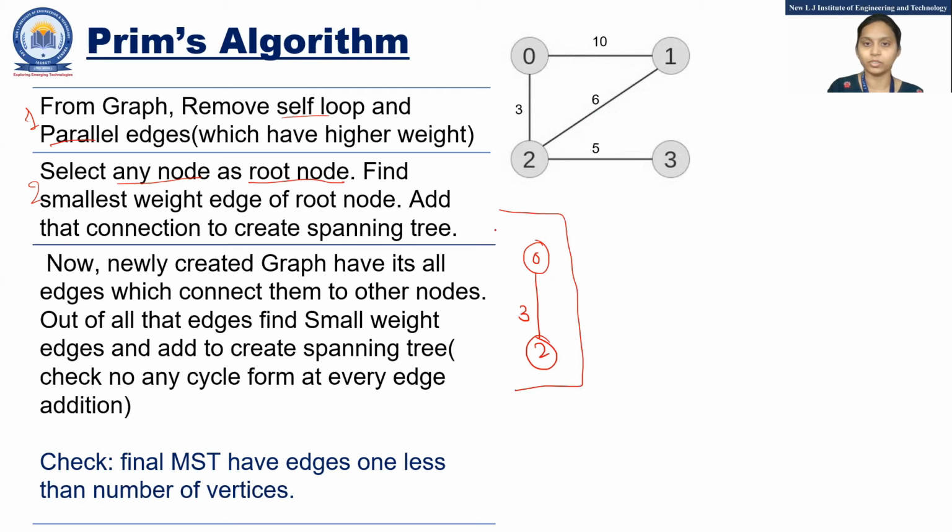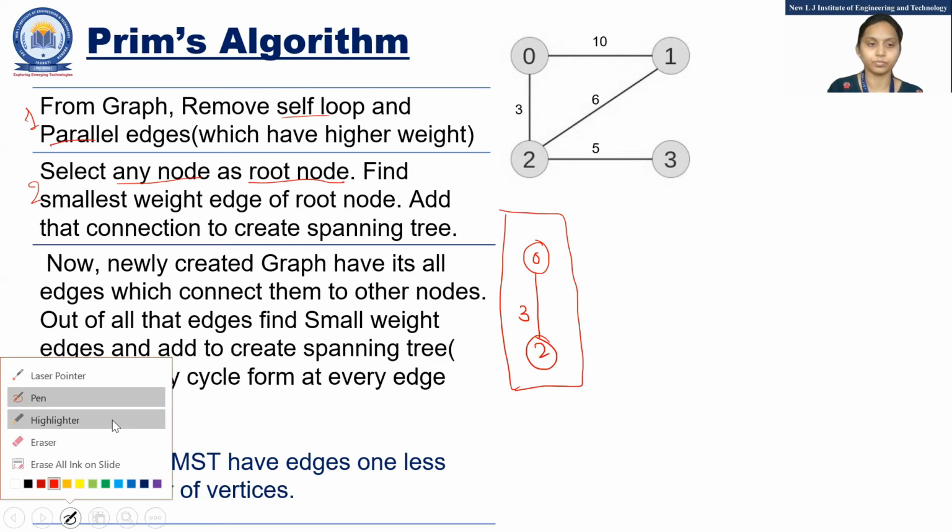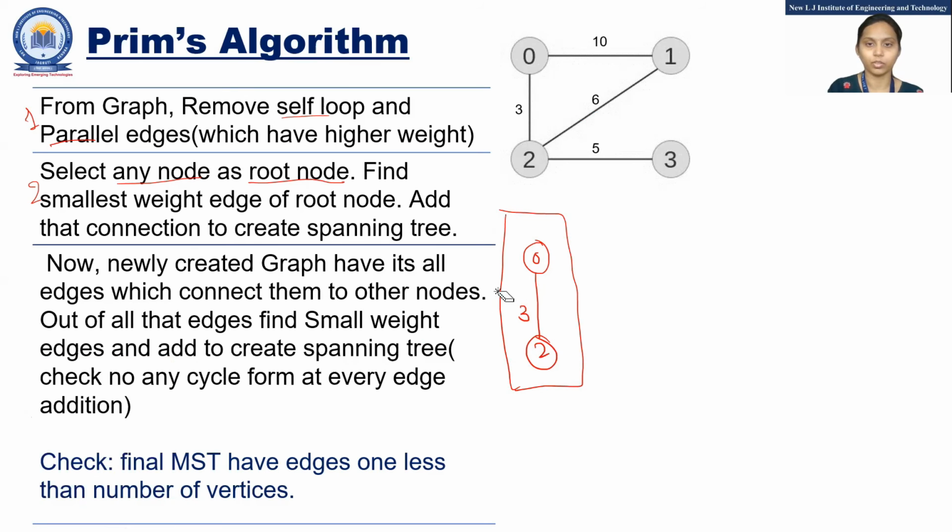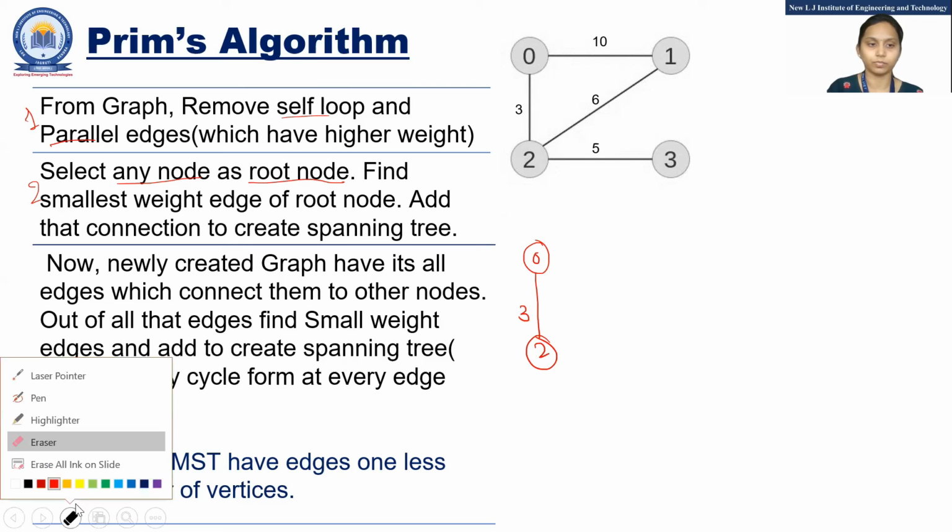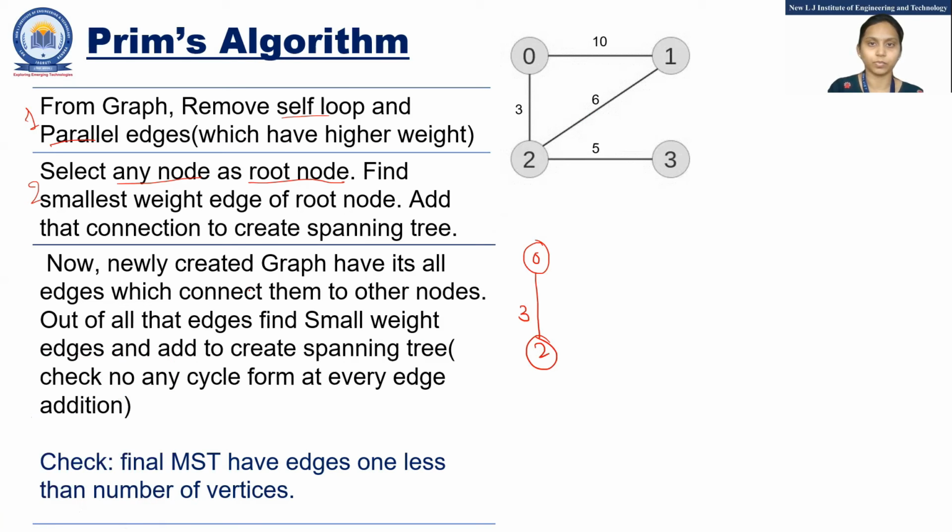These are the nodes which are added in my minimum spanning tree: 0 and 2.